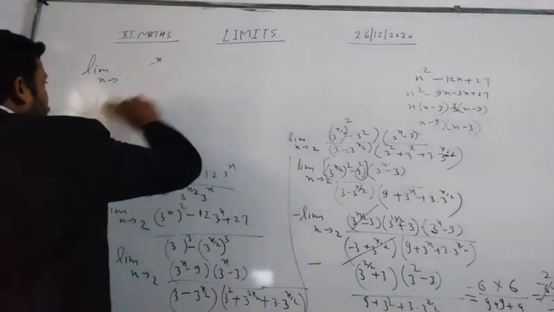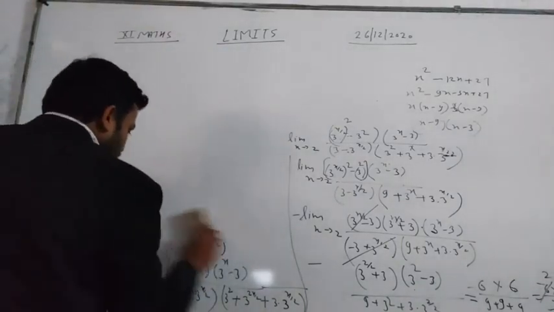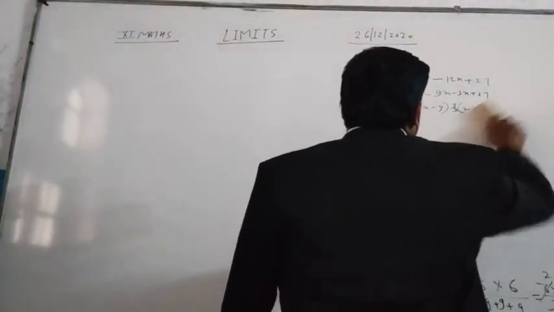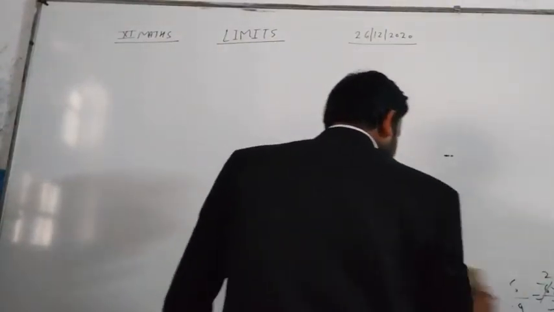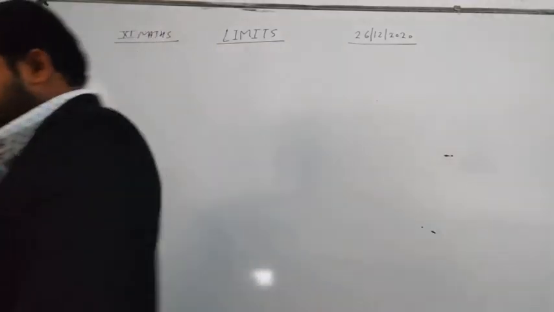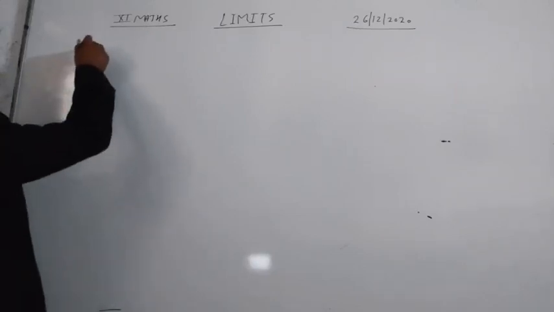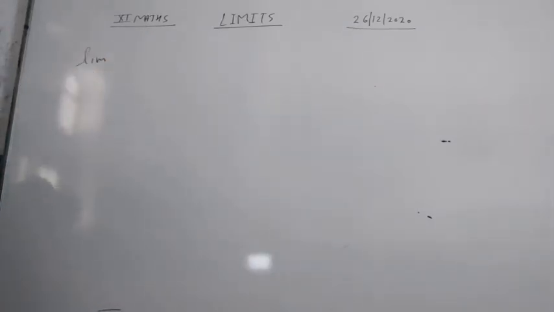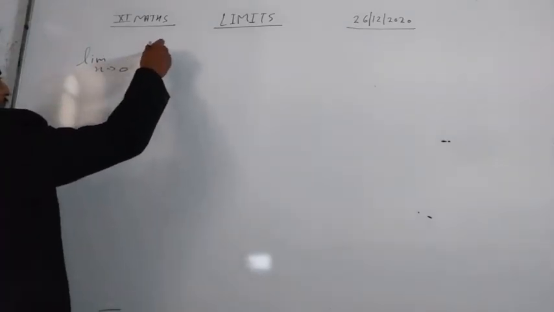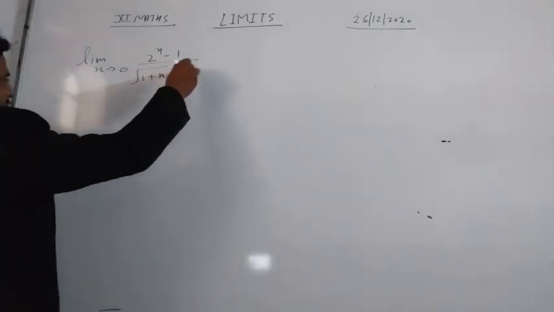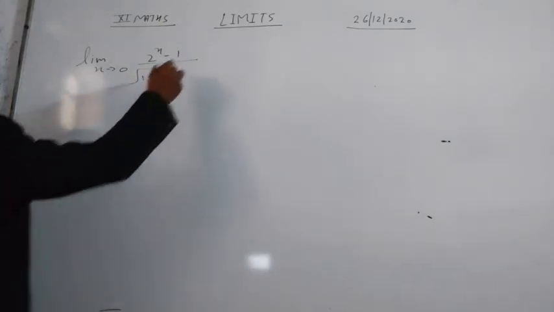Now let's move to the next question. Question is limit x tends to 0, 2 to the power x minus 1 by under root 1 plus x minus 1.